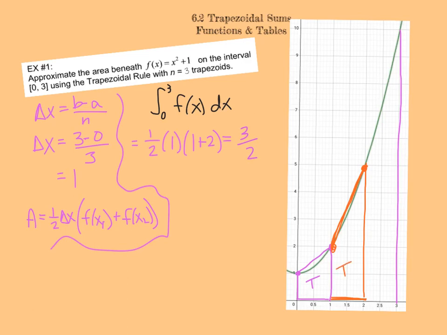This is another trapezoid. So it's 1/2 of our delta x, which is 1 unit. And then this height is 2, and this height is 5. All right, so that will give us 7/2. And then our final one, I'll do in blue.